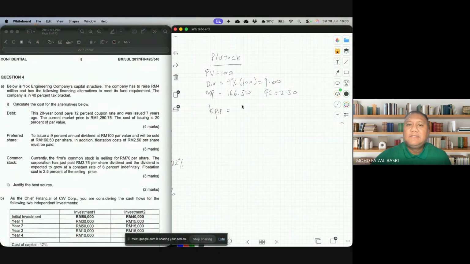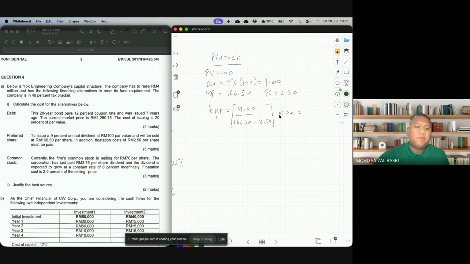So KPS is dividend RM9 bahagi dengan market price 166.50 tolak flotation cost 2.50, darab 100 lah. So RM9 divided by 166.5 minus 2.50, darab 100.